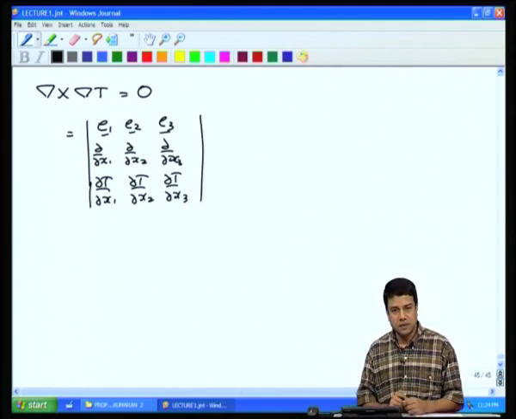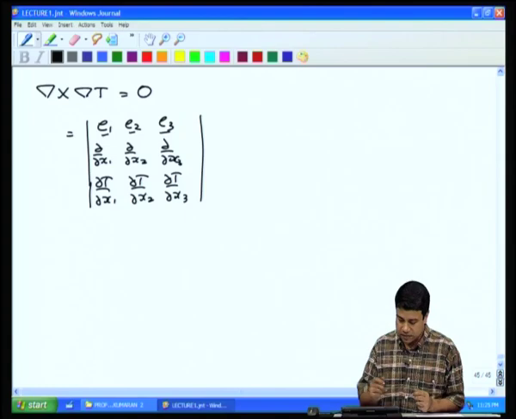You can evaluate this determinant and you will see it is equal to 0. So, the curl of the gradient of anything is equal to 0.